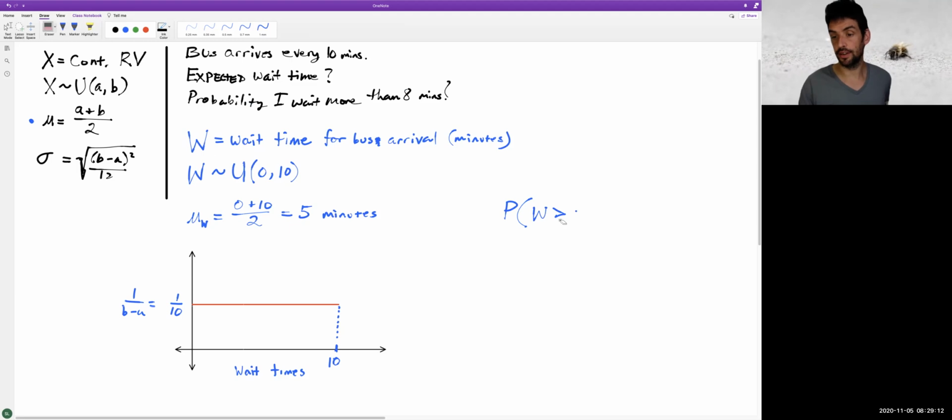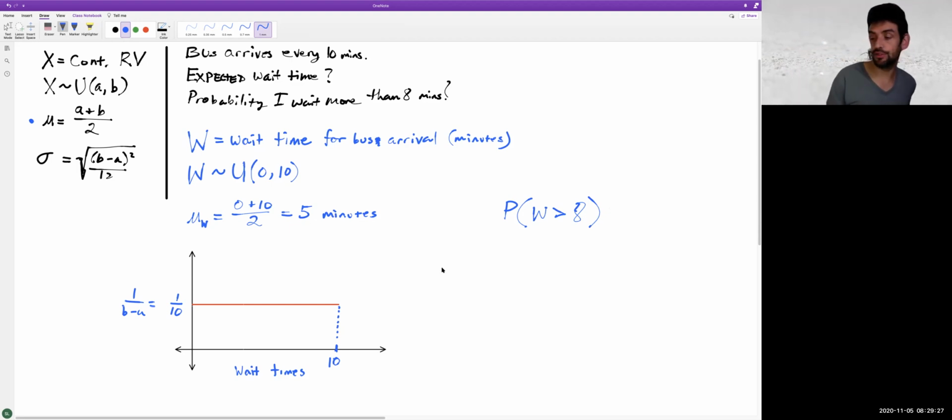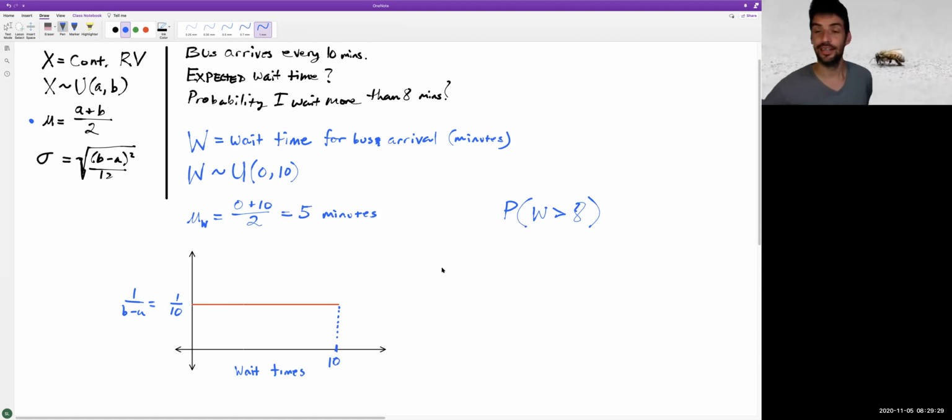Strictly speaking, I said more than 8 minutes, not or equal to. With continuous random variables, the difference between with and without "or equal to" is not consequential. But since I said more than 8 minutes, I will do it this way.